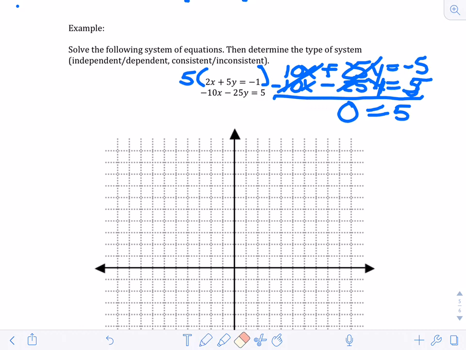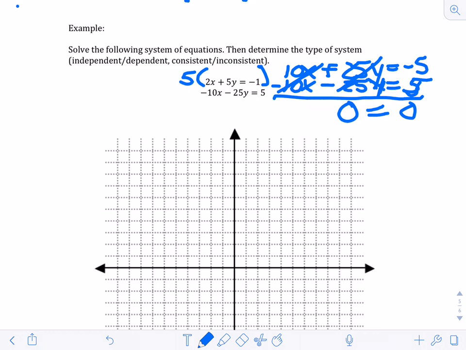That doesn't equal 5. That, in fact, equals 0. Well, that's kind of weird. That doesn't look like our previous example where we had something that was completely ridiculous. 0 does equal 0. So I wonder what this means.